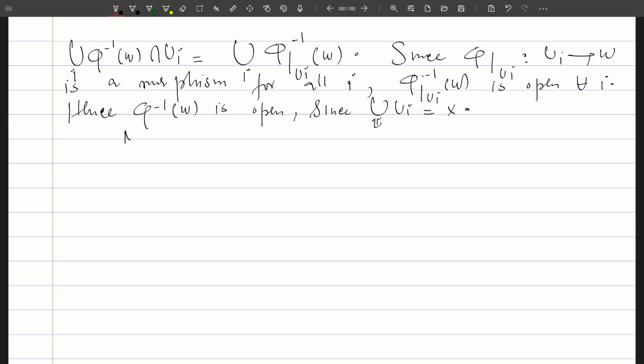Now, to prove the second item of the definition of morphism, let us consider a regular function on W.